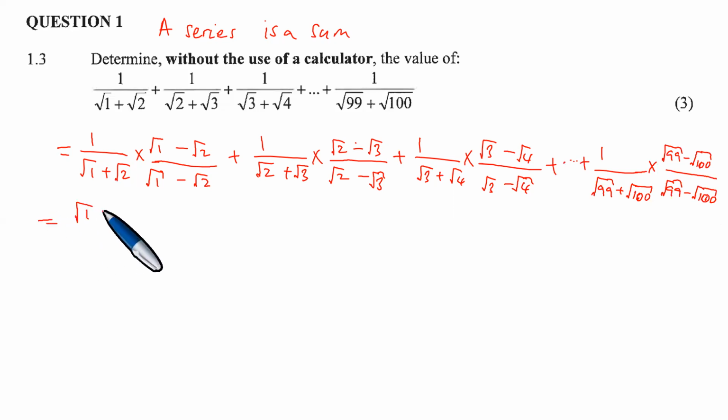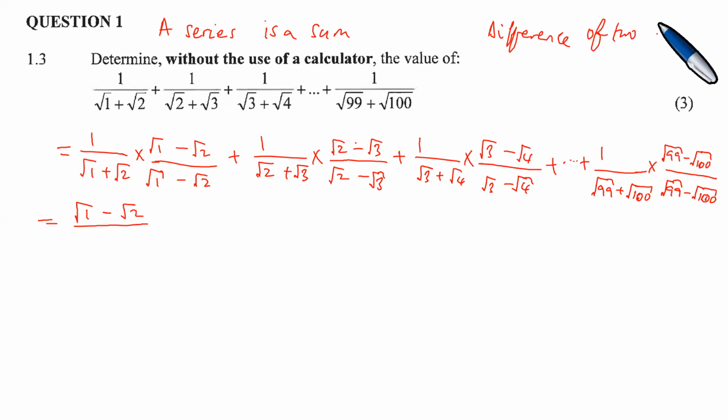So this is the square root of 1 minus the square root of 2. If you multiply these by that, note this. This is like the difference of 2 squares. How does the difference of 2 squares actually work?